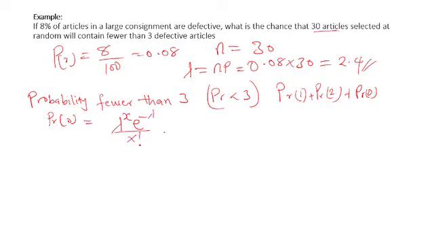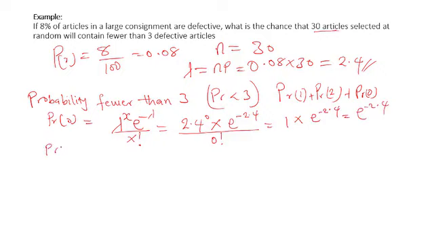So for P of 0, we now have our lambda 2.4 raised to the power x, which is 0, times exponential, the value of our e, we just leave it as e to the minus 2.4, all over 0 factorial. Now with this, our value here is 1 times e raised to the power minus 2.4, which is equal to e raised to the power minus 2.4.